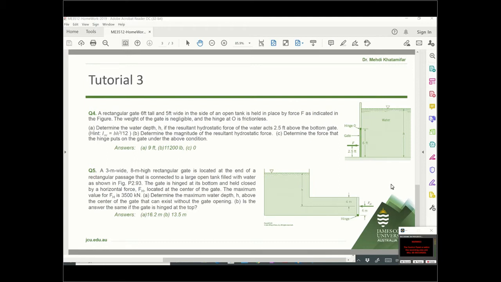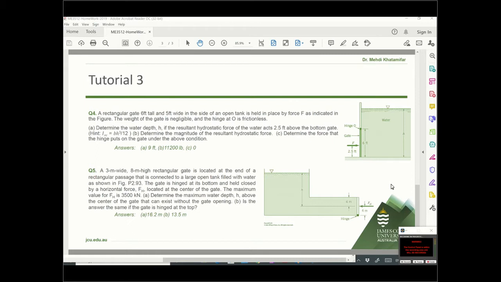The second point says this head is measured from the center of the gate. Be careful about that. Now find H. Good question. It goes back to the point that we don't care about the shape.